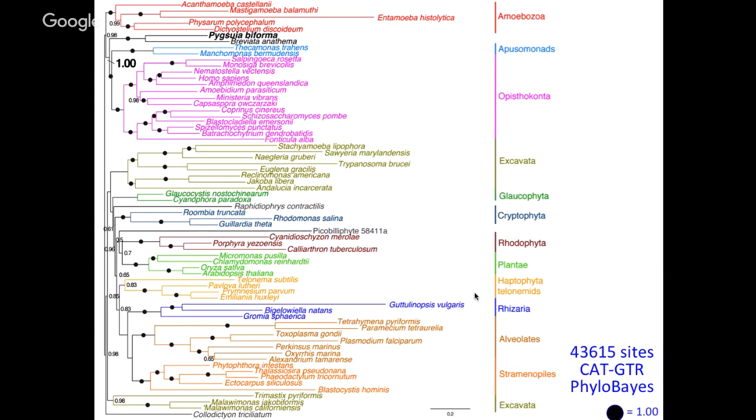I'll first show you a concatenated protein phylogeny based on about 150 different protein markers. Matt Brown made this phylogeny using the CAT-GTR model in PhyloBayes. You can see the major supergroups of eukaryotes on the right in different colors. What I want to draw your attention to is the extremely short internal branch lengths near the base of this phylogeny.